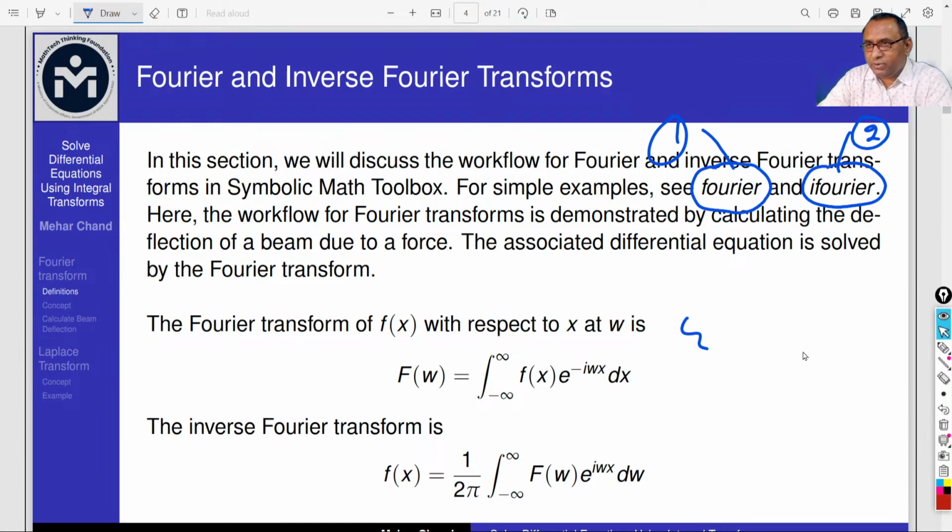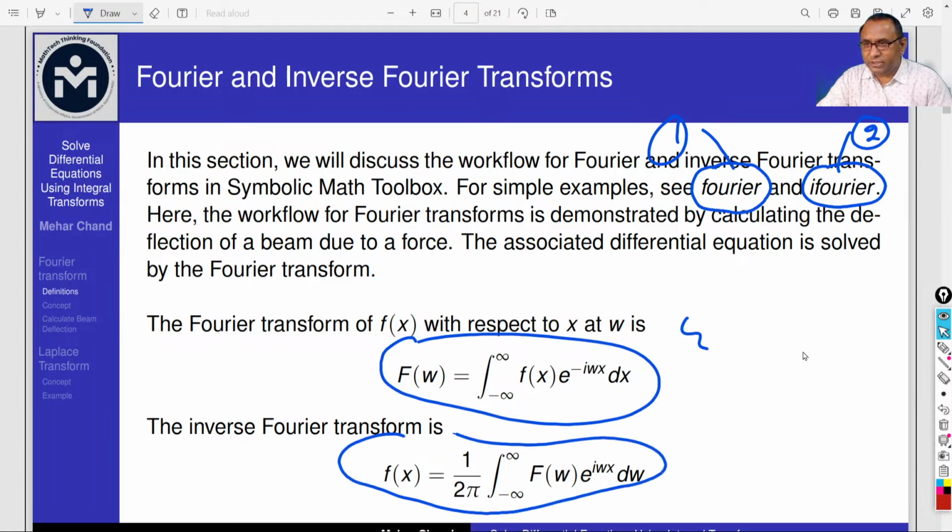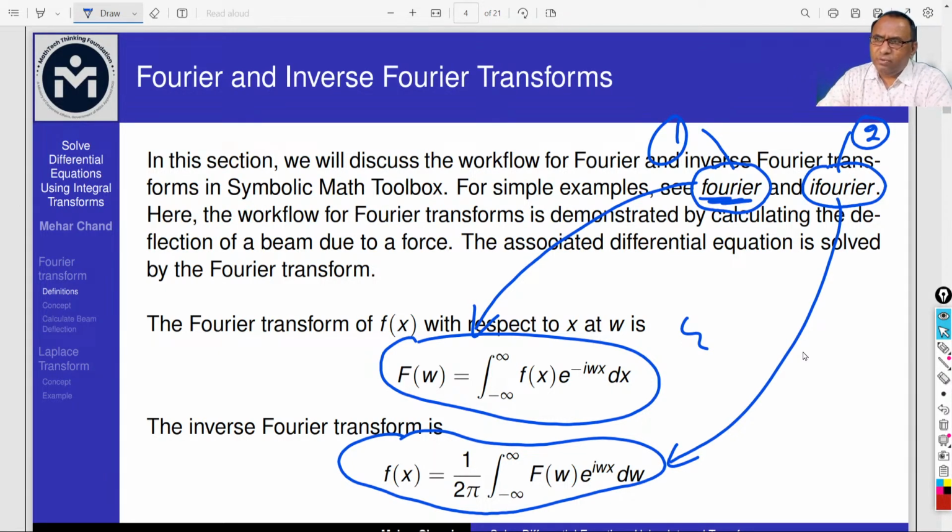When we write the script file for the Fourier transform, which is defined in this equation, and the inverse Fourier transform is defined in this equation, in MATLAB we just use this fourier inbuilt function, and for the inverse expression we use the ifourier function. Both are well defined in MATLAB, and we just need to understand how to easily use these two functions in MATLAB.